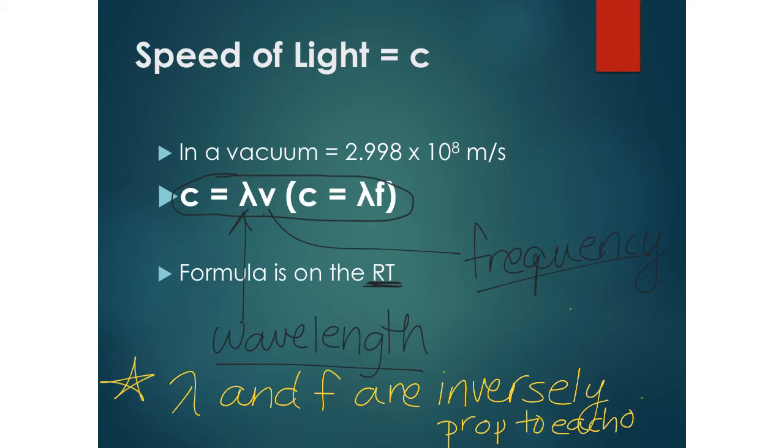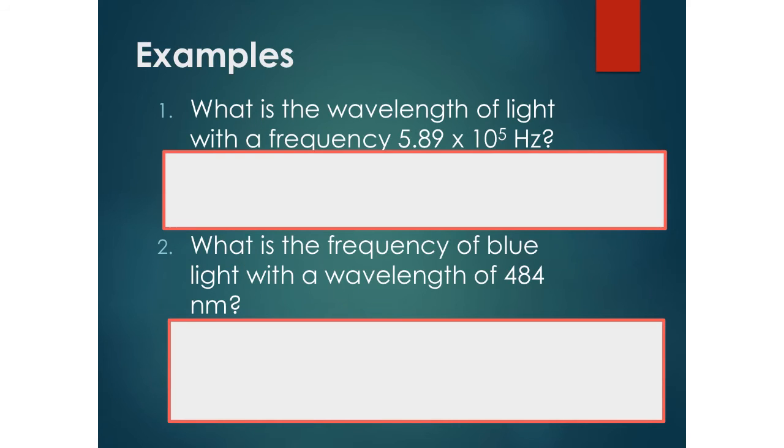All right, if you do not have your reference table and calculator handy, grab those because we are going to need them to do these two calculations. First calculation, we're looking for the wavelength of light that has a frequency of 5.89 times 10 to the fifth hertz.